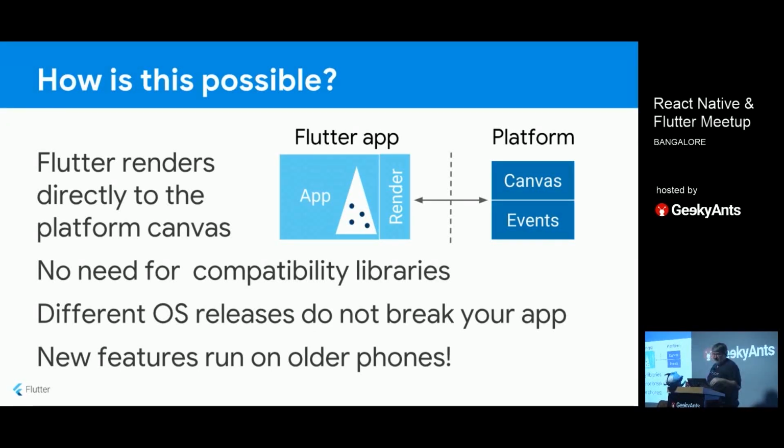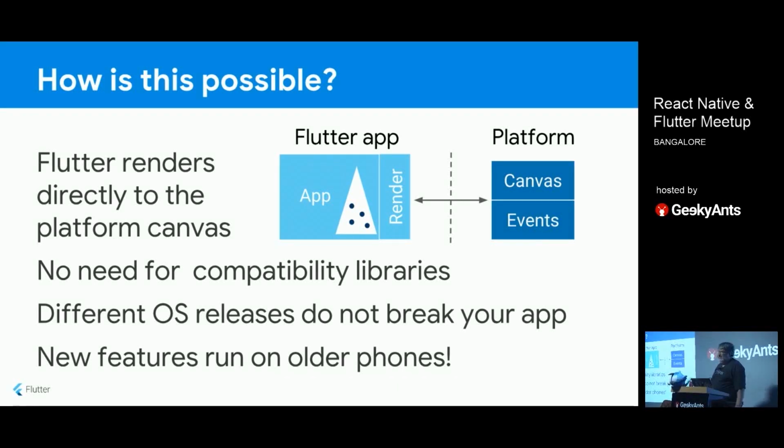New OS releases come out, they don't break your app. So not only are you backward compatible, you're forward compatible. As long as they still allow you to write to the canvas, your app is going to run, and it's going to look good. Now, let's say a new phone comes out and has a new feature and you want to take advantage of it, what do you have to do?